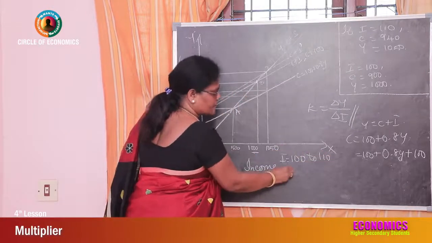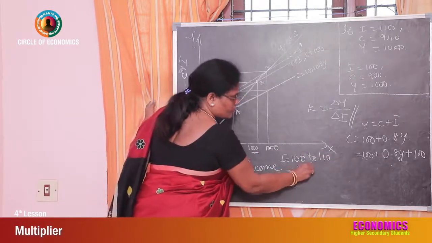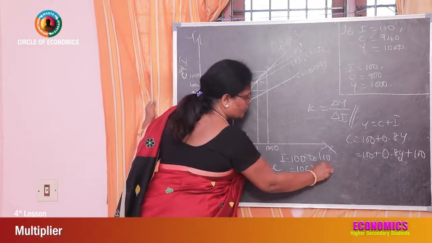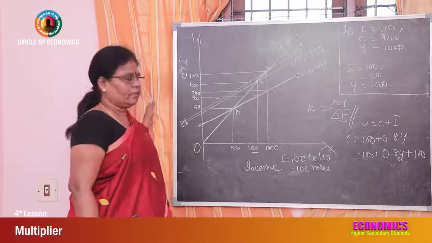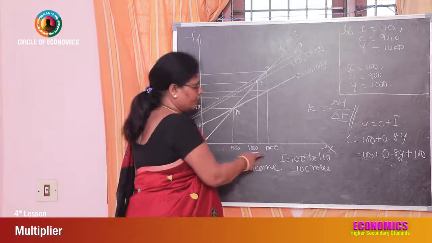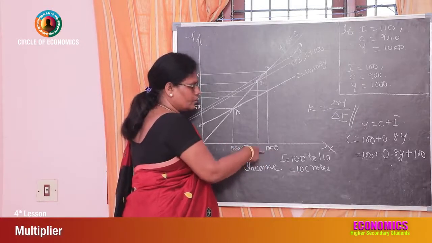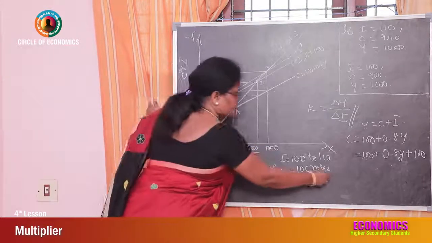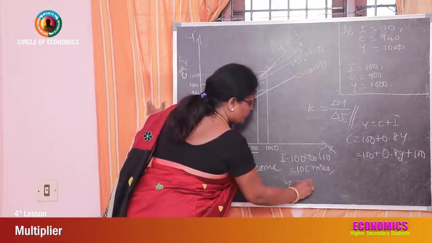So how much increase has taken place? 10 crores. Investment has increased by 10 crores. What happens to the income? Income has increased from 1000 to 1050. So income increases by 50 crores.